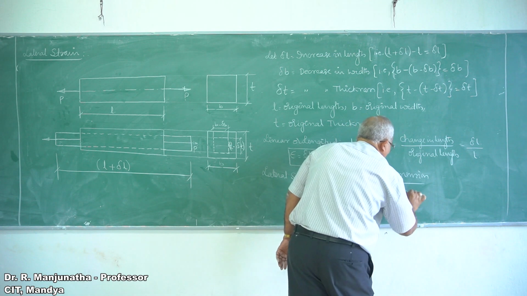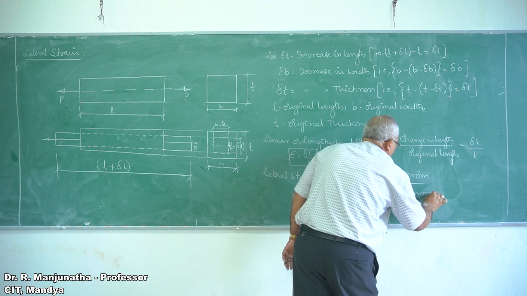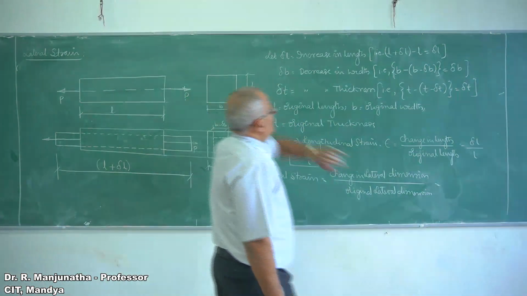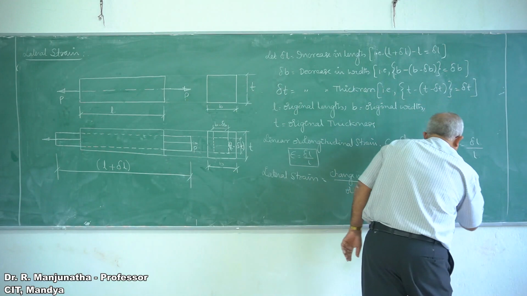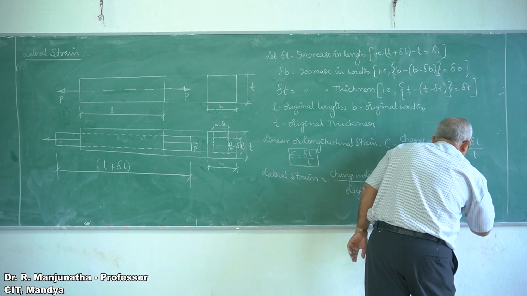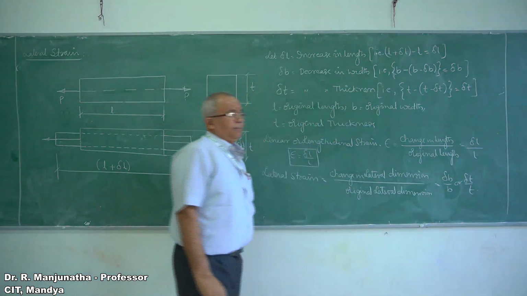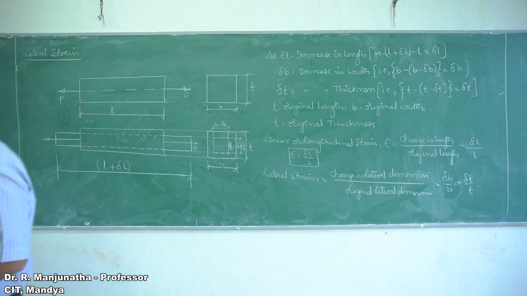What is lateral? Lateral is nothing but the cross section we are talking about here. The cross section is B and T, so that will be equal to delta B by B or delta T by T. This is how we define the lateral strain. The next part is we are going to consider Poisson's ratio.